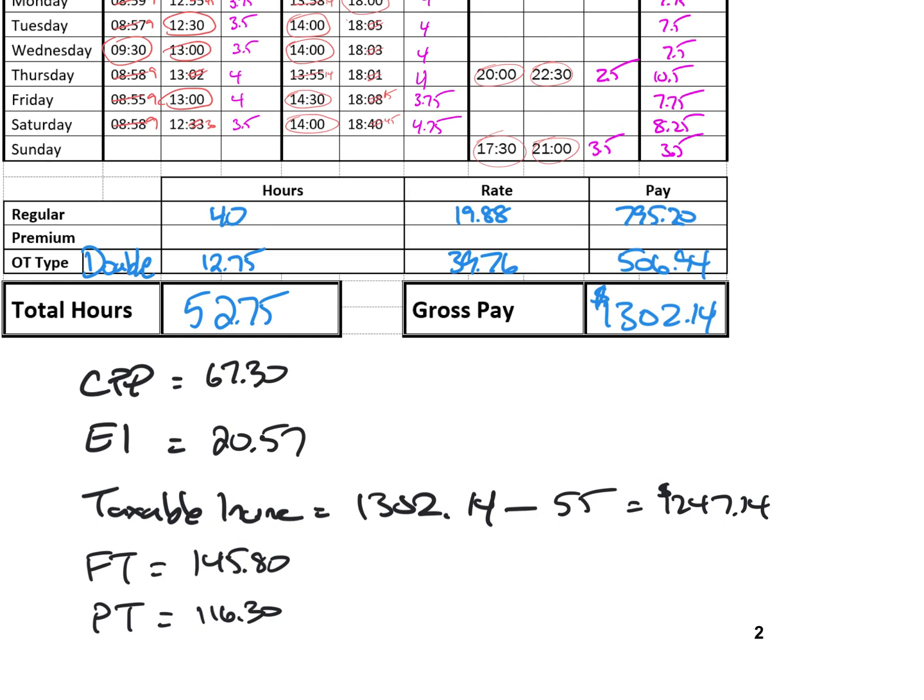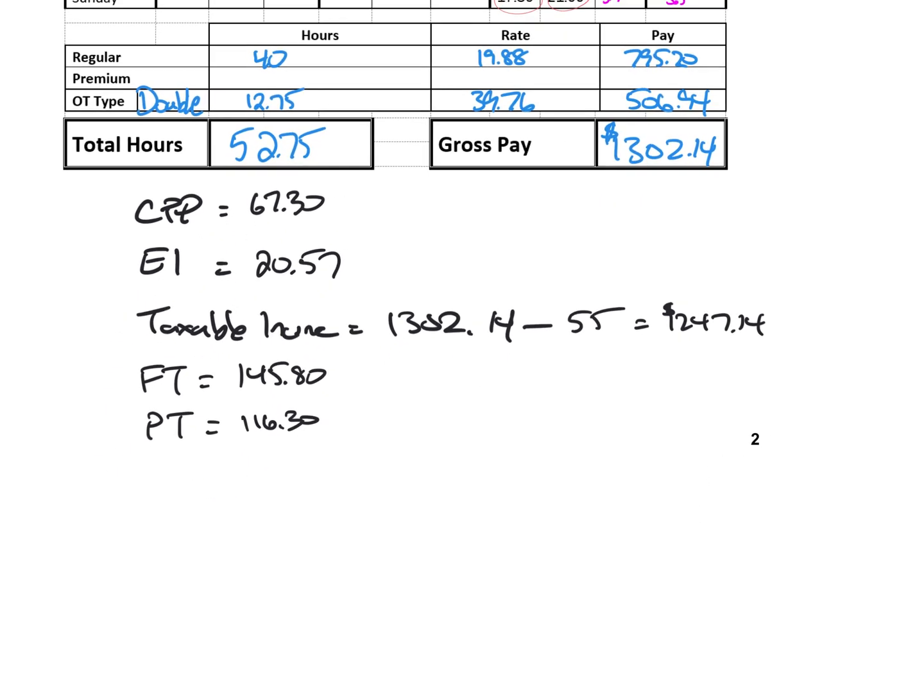Now what we'll do is we will add all the deductions together. So when we add all the deductions together, we'll do CPP, EI, optional, federal, and provincial taxes. The deduction total is going to be $404.97.